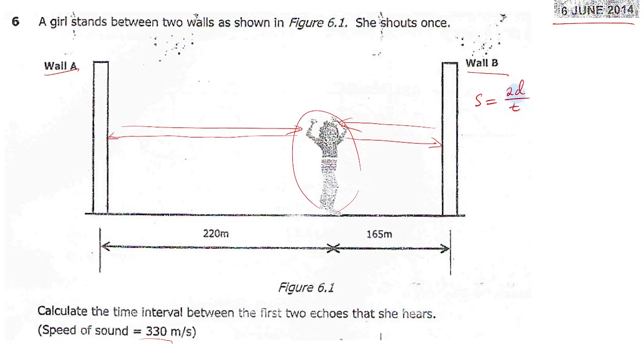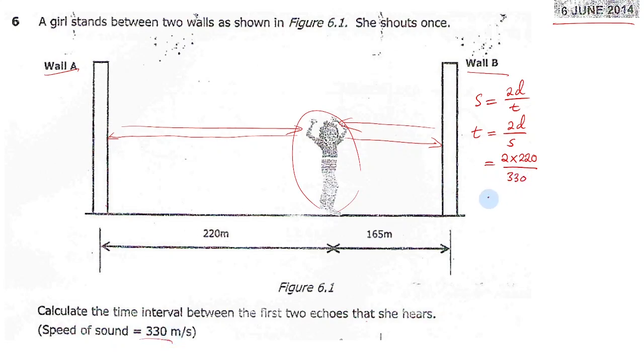Then we are looking for time. We make time the subject of the formula. So time is equal to 2 times distance over speed. In this case, we'll use 2 times 220 over speed, which we have been given as 330.